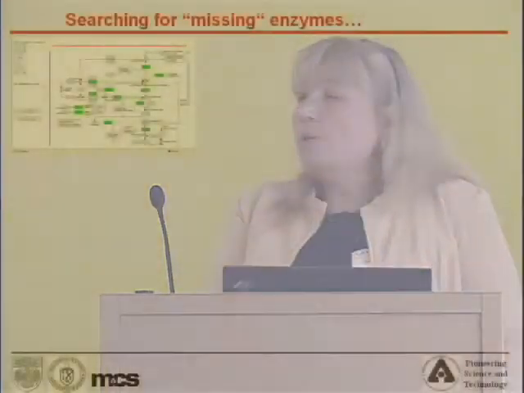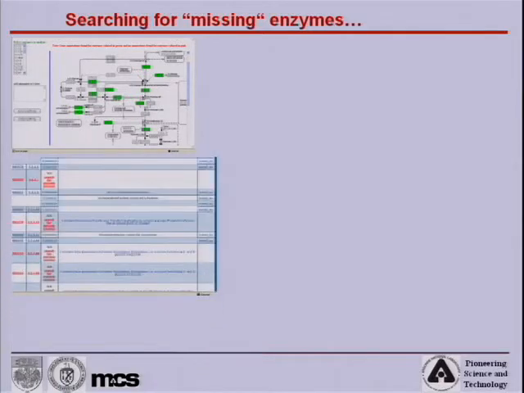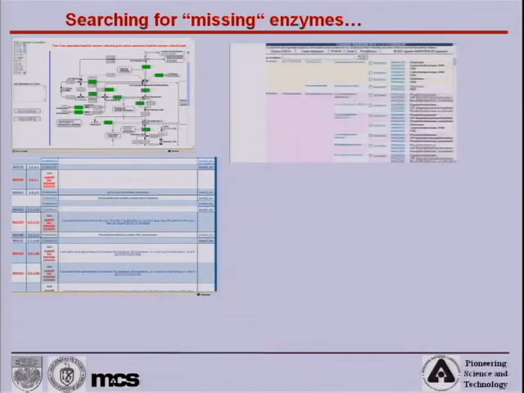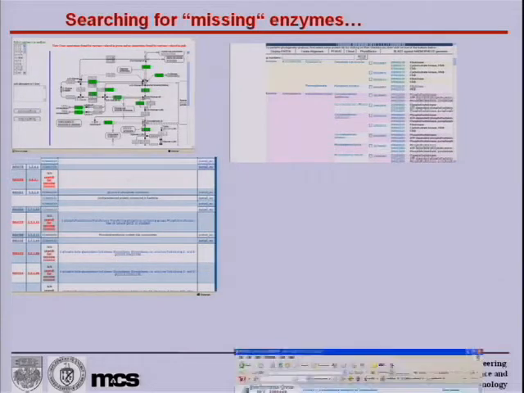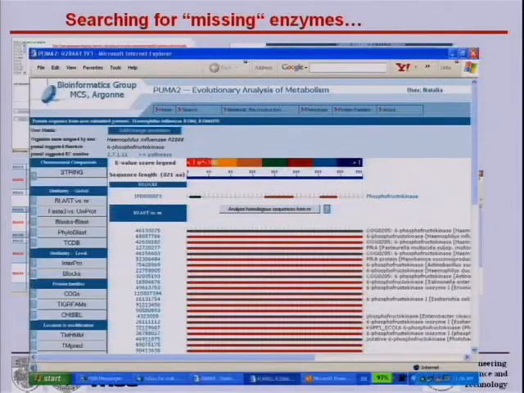Sometimes when you're looking at the pathway, you see that for some enzymes there are gaps. For example, we didn't find phosphofructokinase in one strain of Haemophilus. So what we are doing is offering the user the option to select the phylogenetically close phosphofructokinase, BLAST it against the genome, and voila, we found a good candidate for this function.